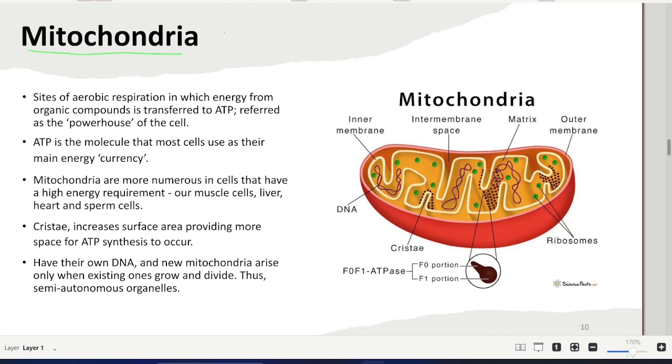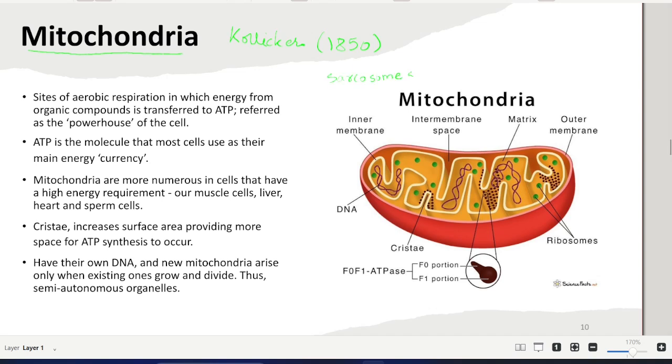was first observed by a scientist named Kolliker in 1850 in the striated flight muscle of insects. And likewise, they were isolated from the insect muscles and called sarcosomes.